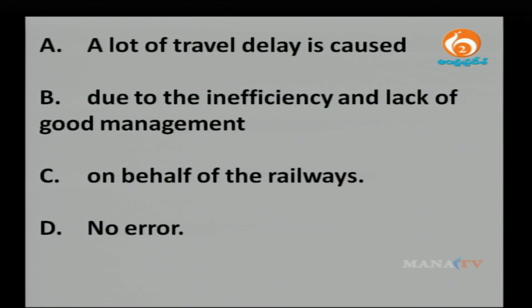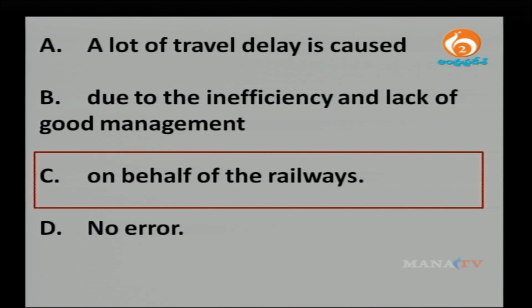Now, read number C. On behalf of railways? No, nobody else is working on behalf of railways. Railways itself is working. Hence, C is incorrect. It should rather be a lot of travel delay caused due to inefficiency and lack of good management of the railways, not on behalf of the railways.